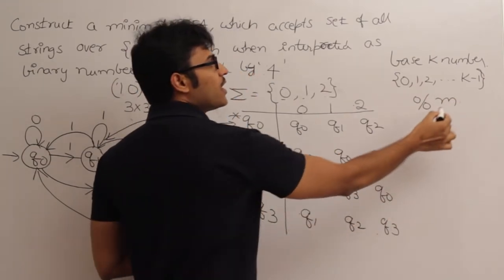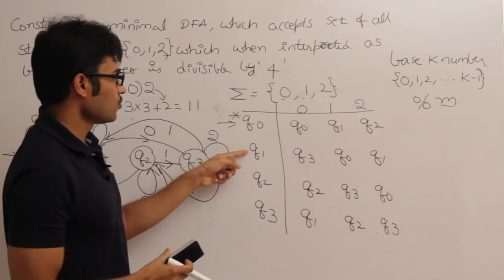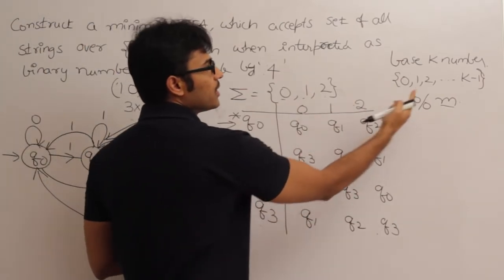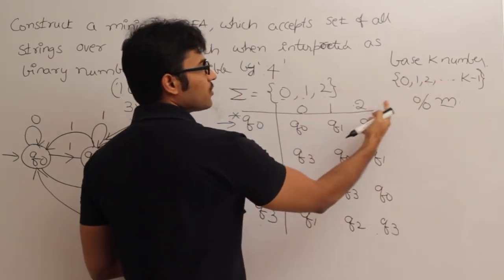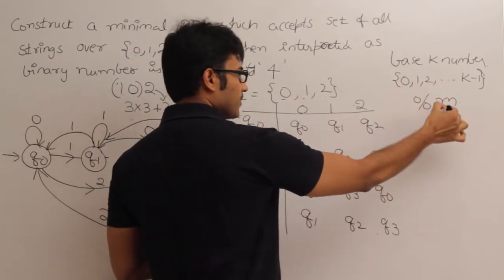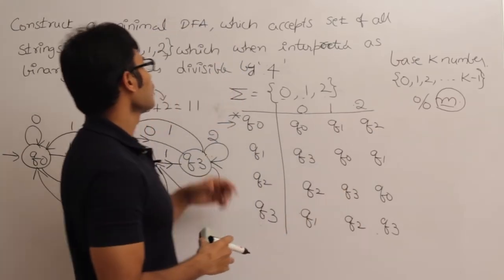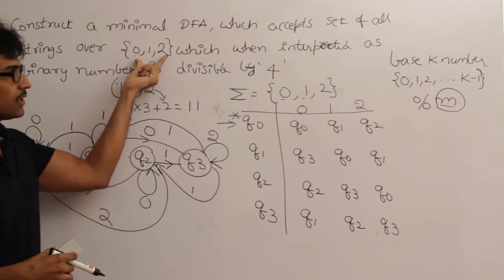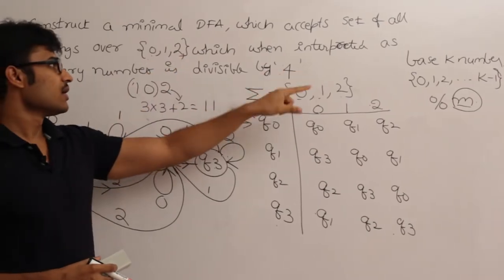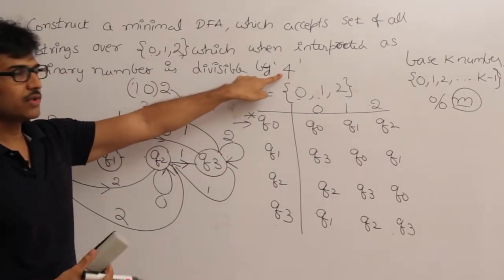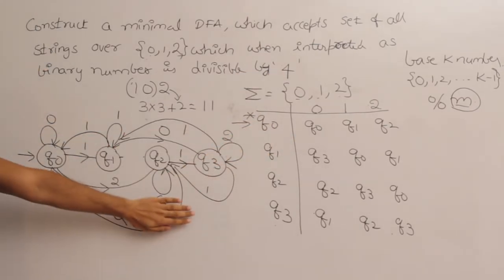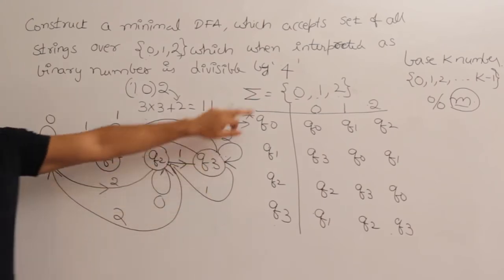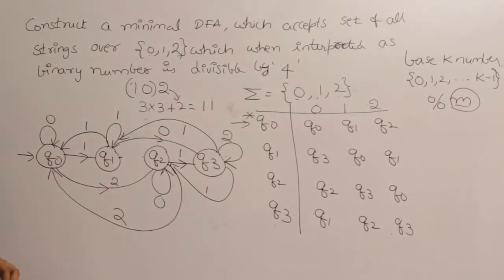Then you simply have m states, q0, q1, q2, so on up to qm minus 1, and the number of columns will be k, for the symbols 0, 1, 2, 3 up to k minus 1. So the number of states will be m. In place of this alphabet, they can give any number system, binary, ternary, unary, anything, and in place of this number 4, they can give you n. In general, for such questions, the number of states is going to be the number by which it must be divisible.